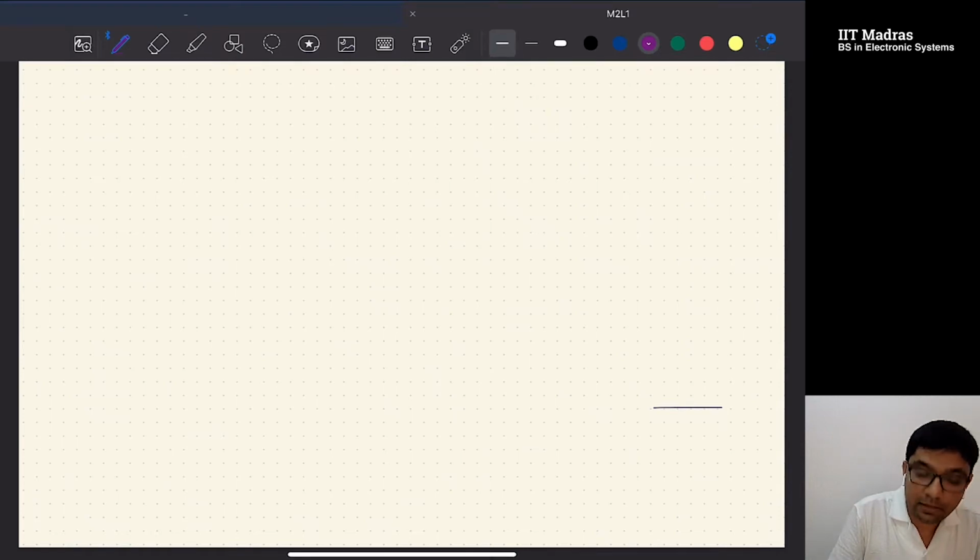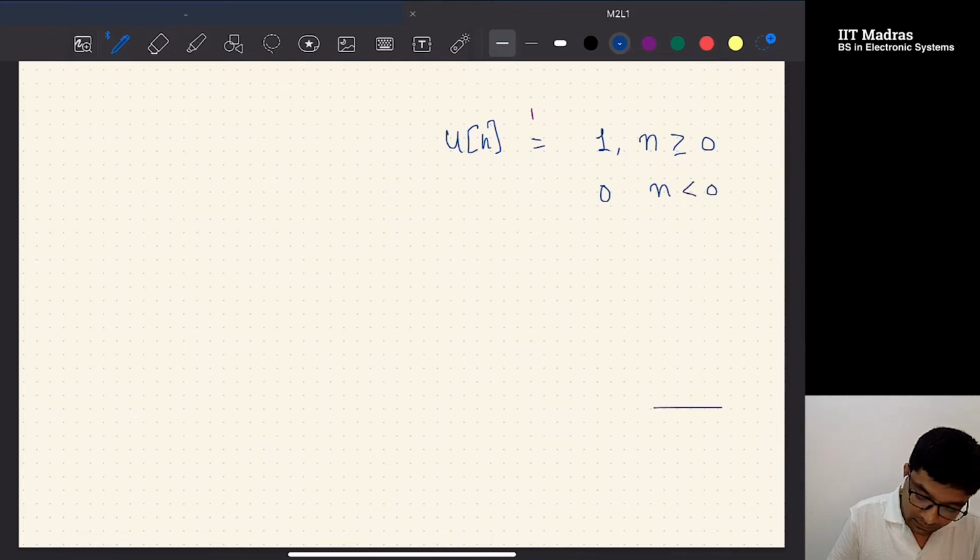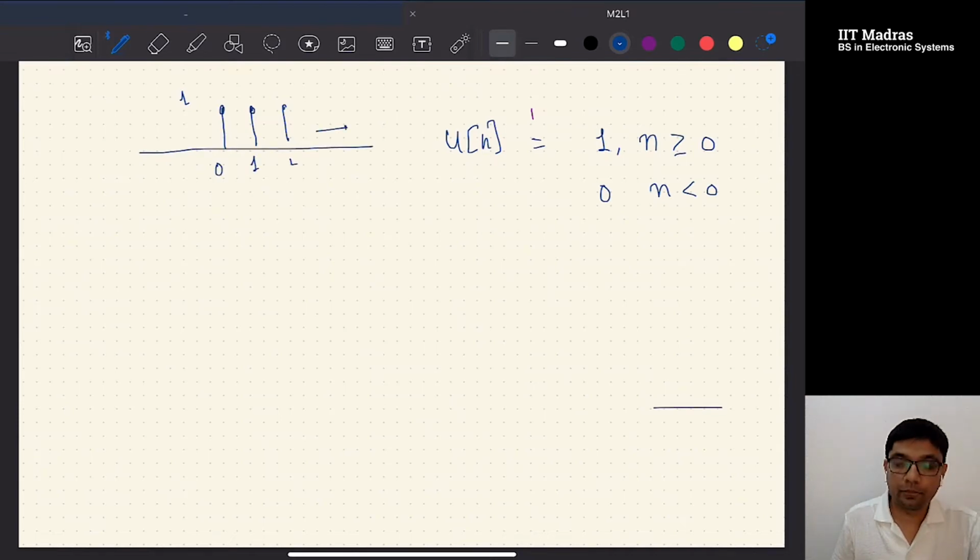In discrete time, say I have a unit step which is defined as taking a value of 1 for n greater than or equal to 0, and a value of 0 for n less than 0. Pictorially, I can just write it as: this is my n equal to 0, so these are all signals of length 1, starting at n equal to 0, 1, 2, and so on.